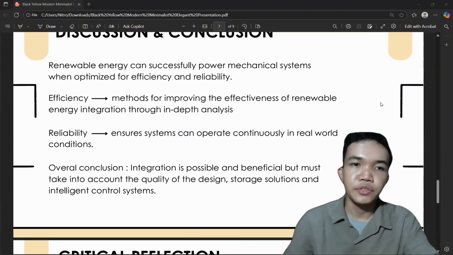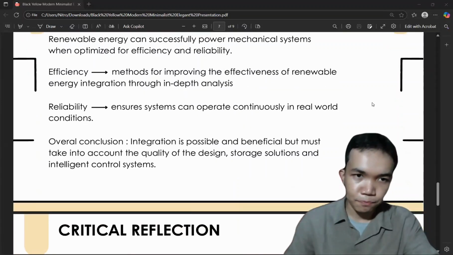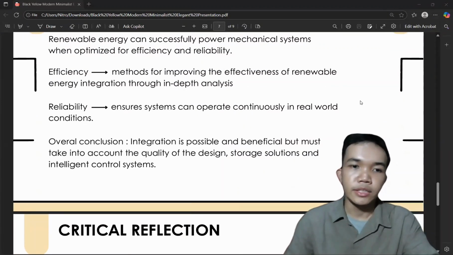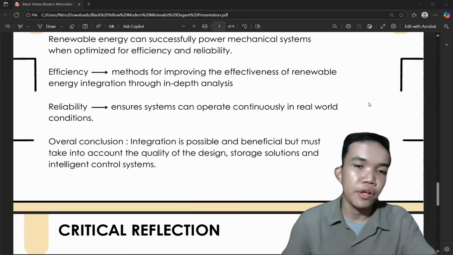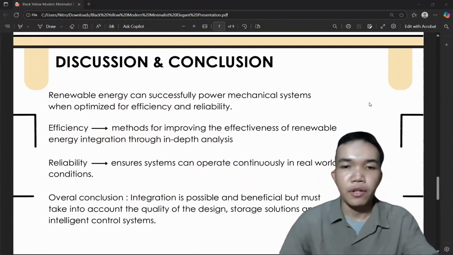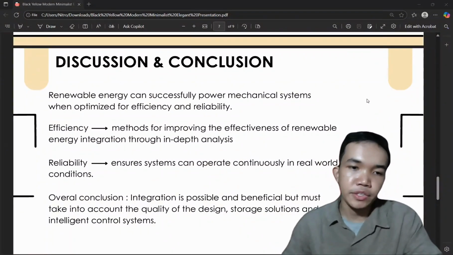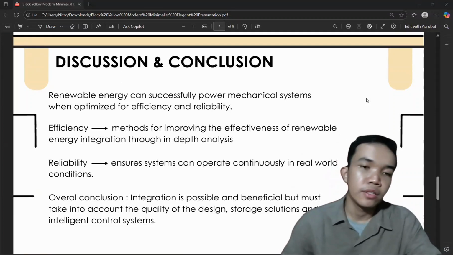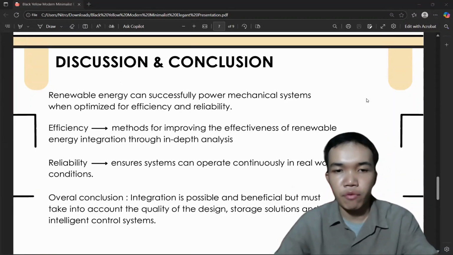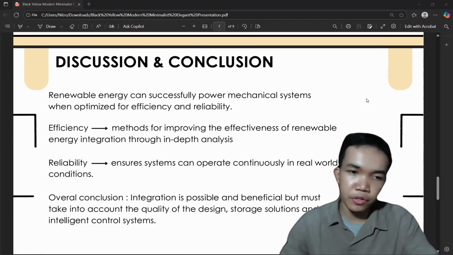The next slide, discussion and conclusion. The main finding about efficiency and reliability is that renewable energy can successfully power mechanical systems when optimized for efficiency and reliability. Then why are efficiency and reliability crucial for successful renewable energy integration?